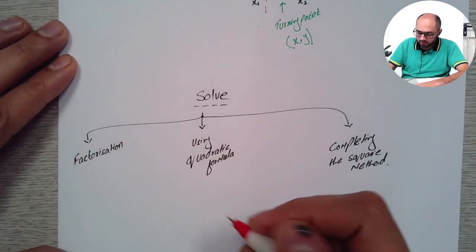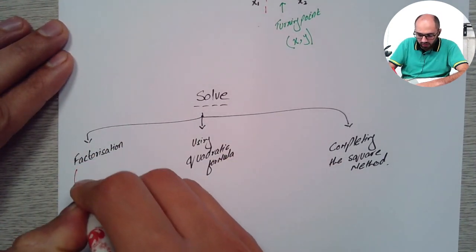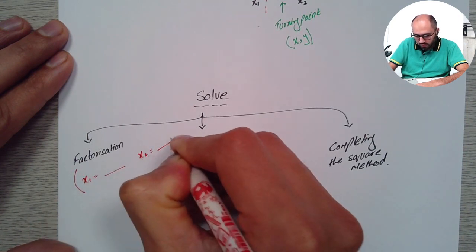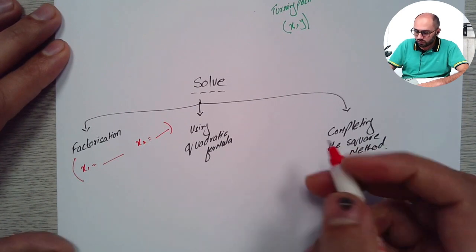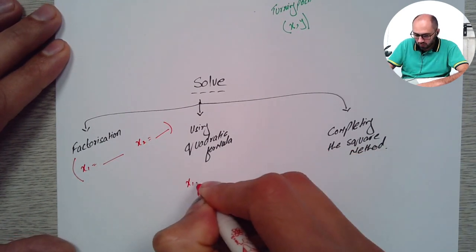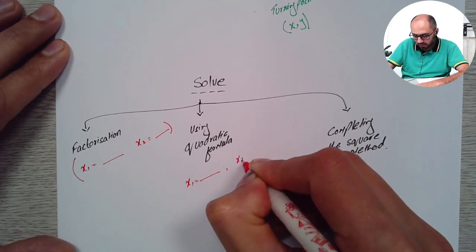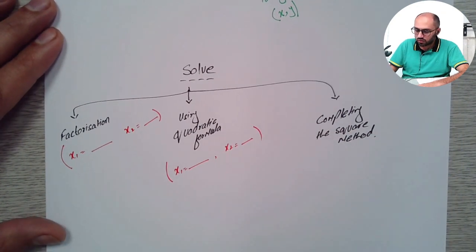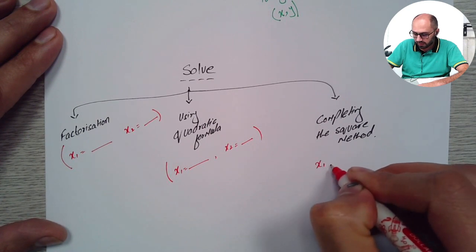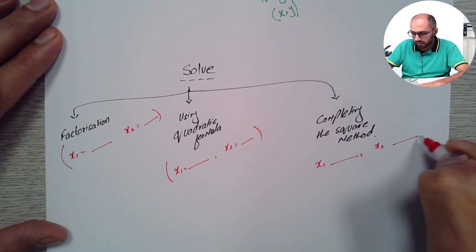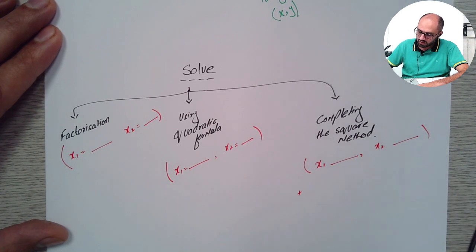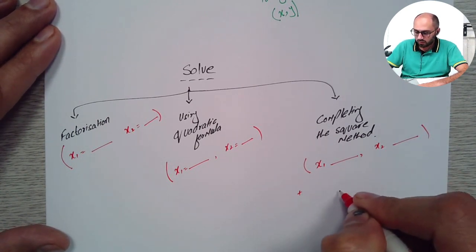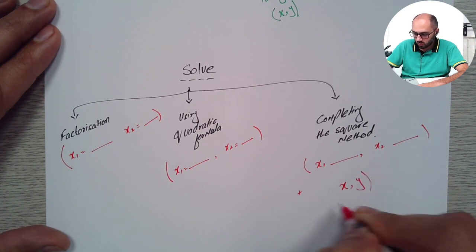Method 1, factorization, is used to determine the values of x1 and x2. You will use the quadratic formula again to work out the values of x1 and x2. But method 3 can be used to determine the values of x1 and x2, plus it can also be used to determine the coordinates of the turning point.